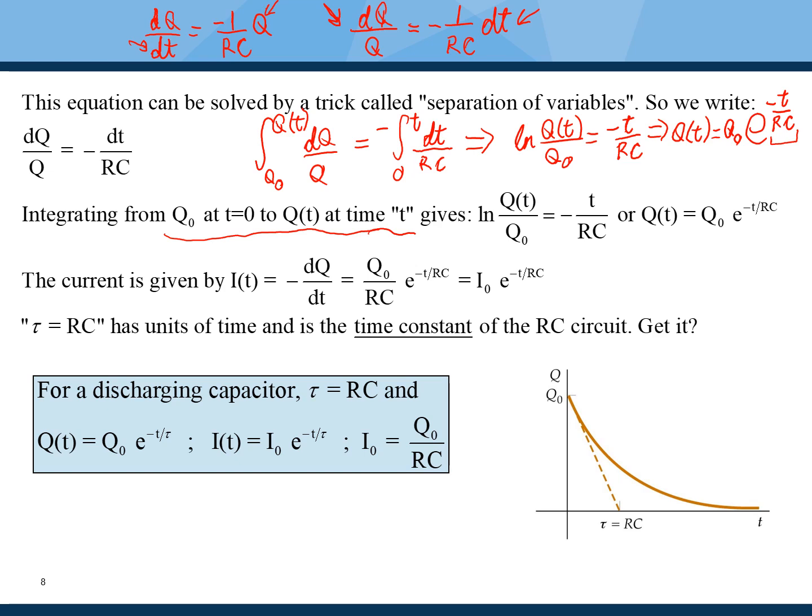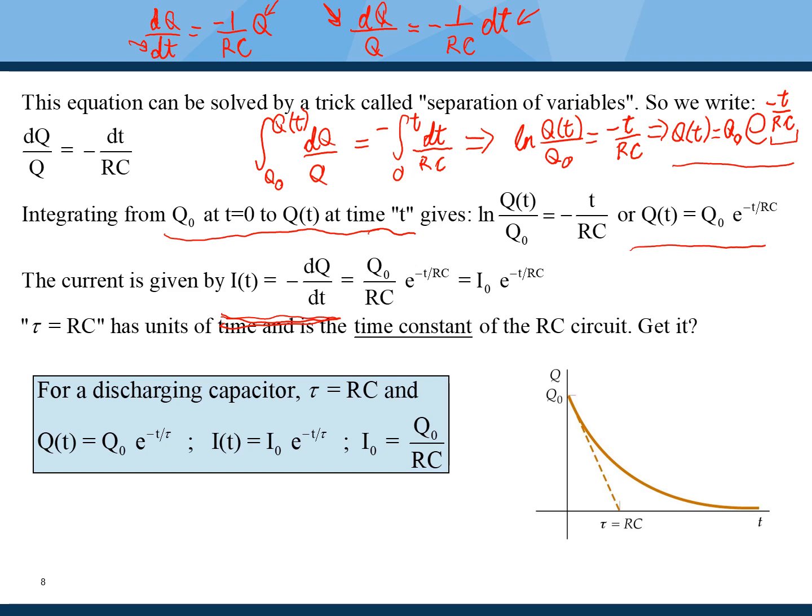If we want to find the current I, we realize that I is actually equal to minus dq by dt in this instance, because q refers to the charge on the capacitor itself. So we can take this expression that we've obtained, or equivalently this expression, and differentiate it with respect to time and put the minus sign appropriately.